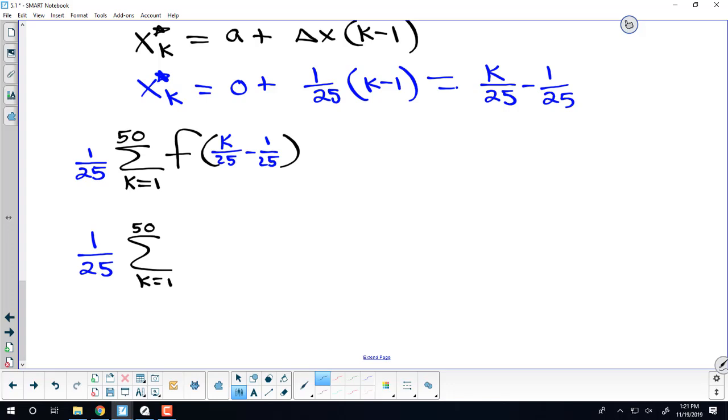And again, f just takes the input, cubes it, and then adds 1. So there's our function applied to our x star here. So that is the left Riemann sum. From here, we're just going to put that into a calculator to see what its value is.